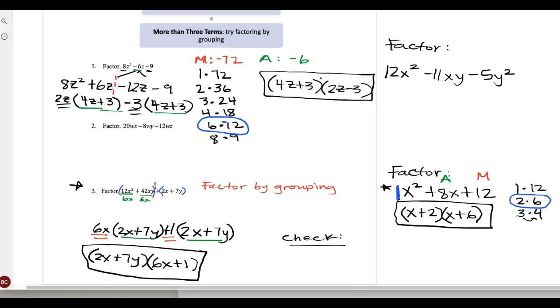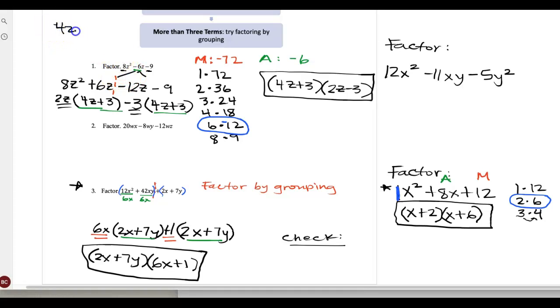Yeah. Okay. So when you're doing it that way, maybe just write down to the side what the guess and check is that you're doing, because you're still thinking it through. You're asking yourself, what times what is 8z squared? And so you could list the possibilities there.